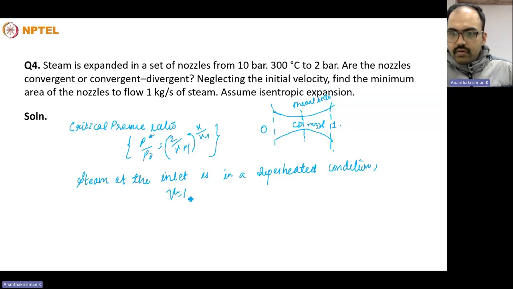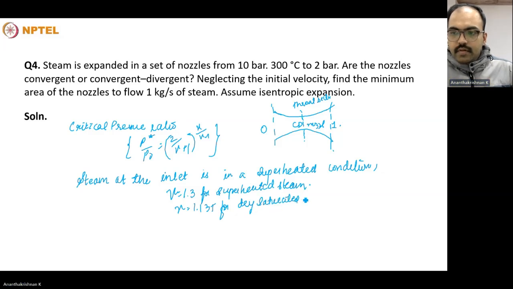We can take gamma equal to 1.3 for superheated steam, and gamma equal to 1.135 for dry saturated steam. So we know the value of P0: 10 bar starting pressure, and temperature is 300 degrees Celsius.